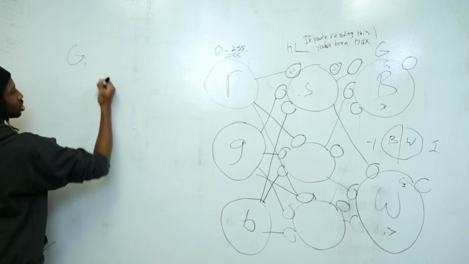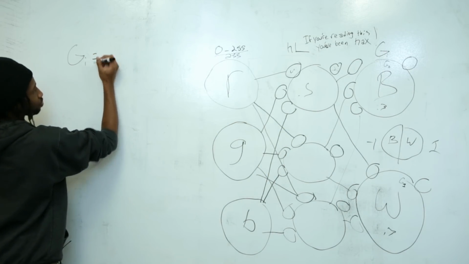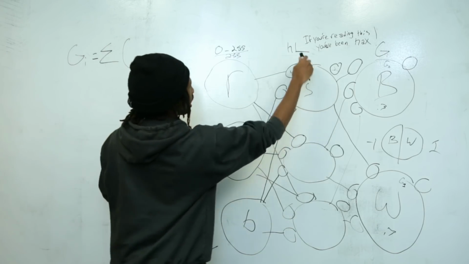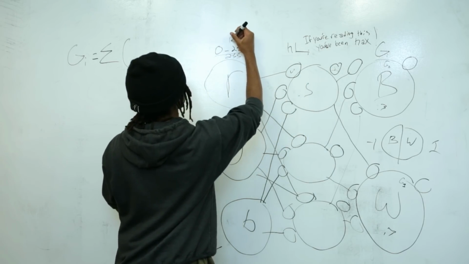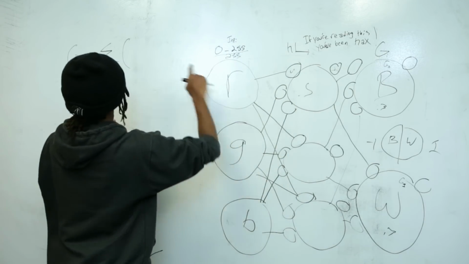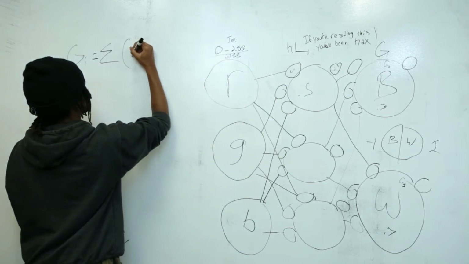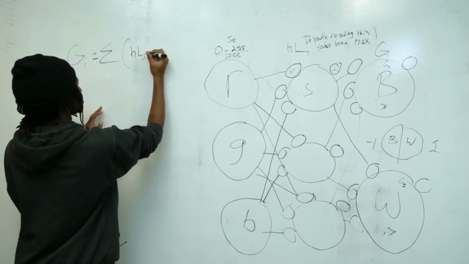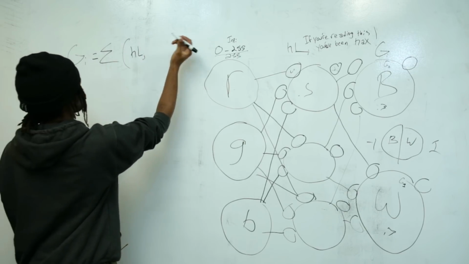So g of I, which again is this array, this output layer, equals the summation of hidden layer. This is going to be hidden layer of I, and this is going to be inputs of I. That's how we define each of these vectors. So g of I equals a summation of HL, hidden layer, and then we have to go into another loop because we can't use the same index of I and j because it won't return the right value.